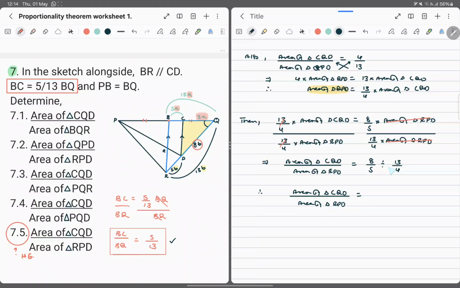Now when we flip this, 8 is going to multiply 4, which gives us 32. 5 multiplies 13, which gives us 65. So 8 over 5 divided by 13 over 4 gives us 32 over 65. And that's it.